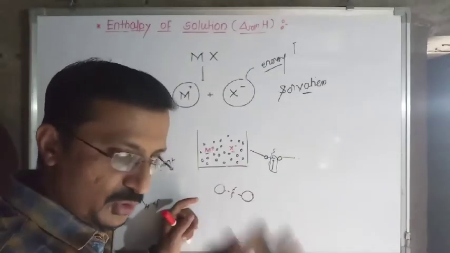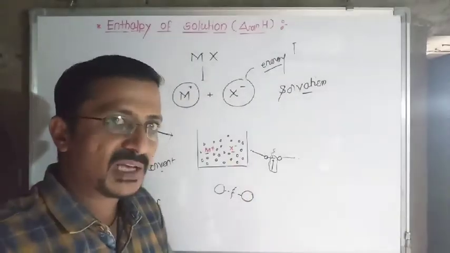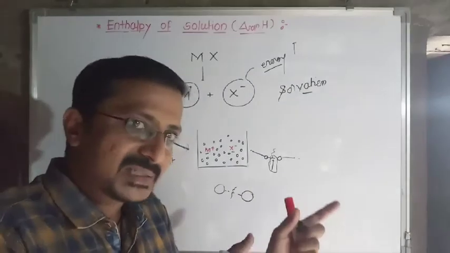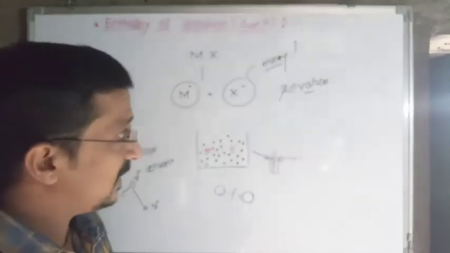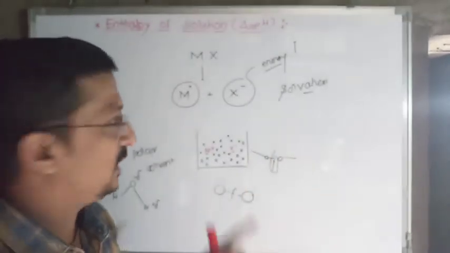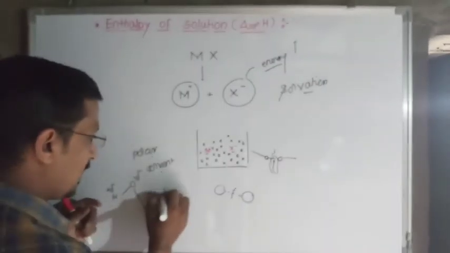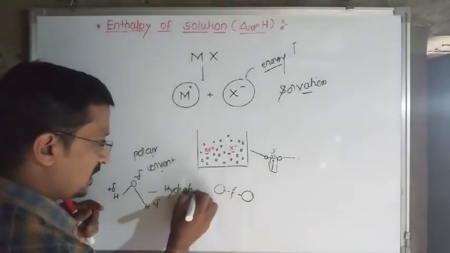This process is called solvation, in which the particular ions, cations or anions of solid particles, when surrounded by solvent molecules to get stabilization, the process is called solvation. But if water is the solvent, that process is called hydration.